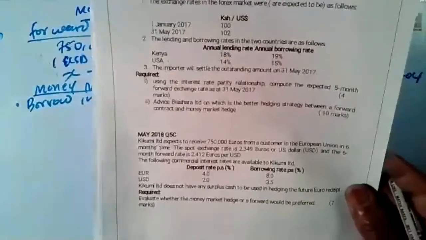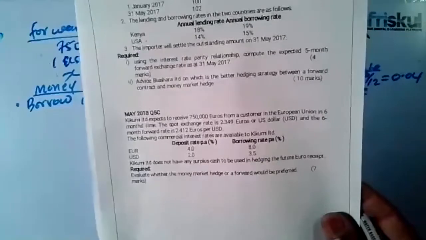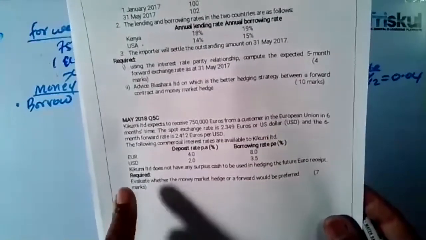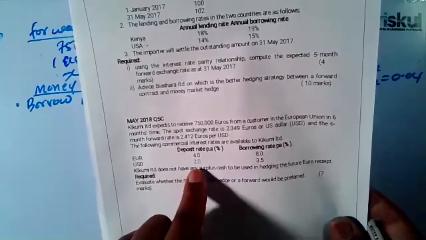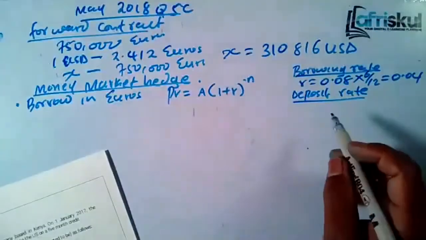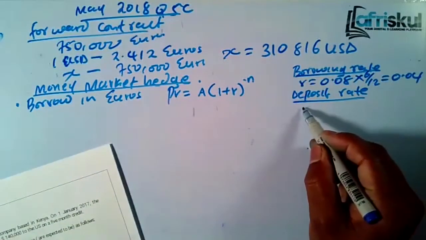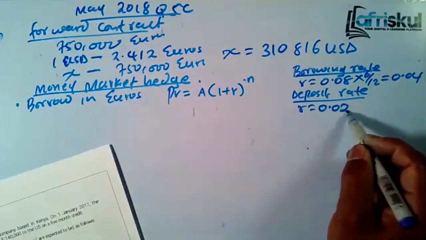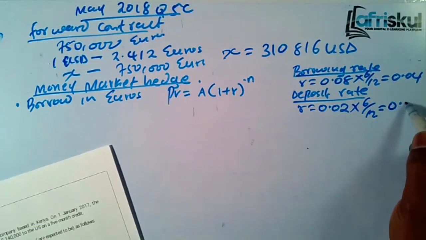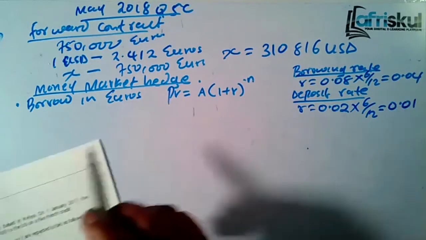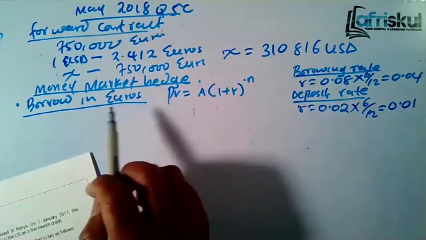Then you deposit that amount in home currency. Our home currency is US dollars. That means you deposit at 2%. So the deposit rate is 2%, which will be 0.02 times 6/12. So you'll get 0.01. So step number 1, borrow in euros.